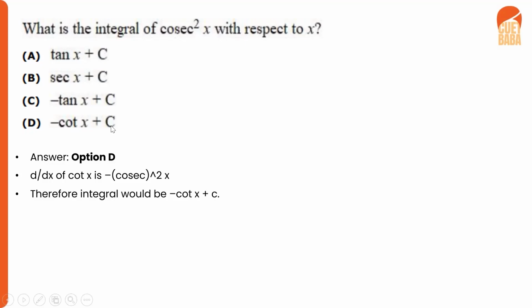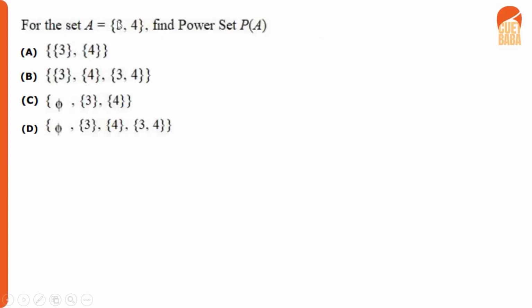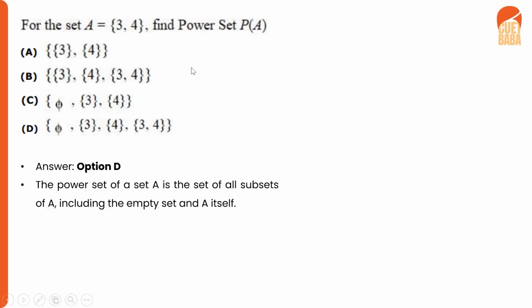So based on that, it is easy to identify that the integral of cosec square x is negative cot x plus c. For a set A equal to {3, 4}, find the power set of A. So here we have to find the power set. It's very easy because the power set includes all the subsets in it.